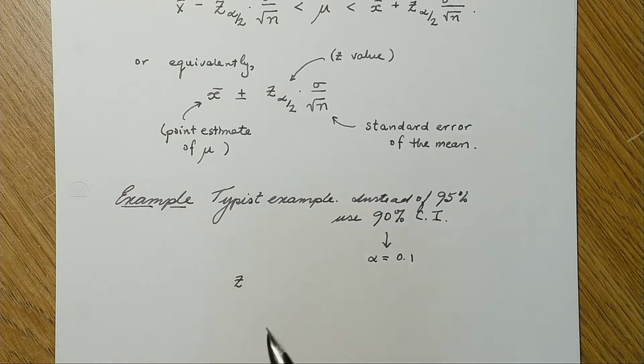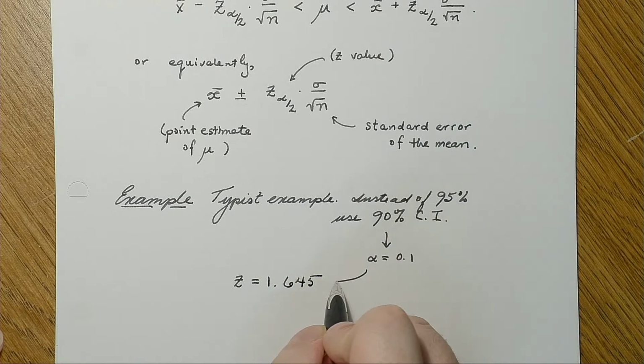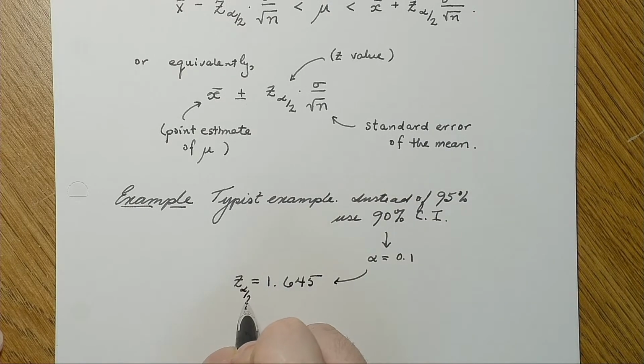So instead of the 1.96, what we need is 1.645. Okay, and that's calculated similarly to how we got the number for 95%.